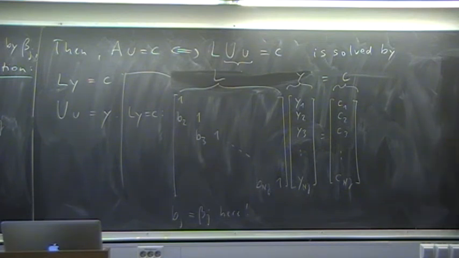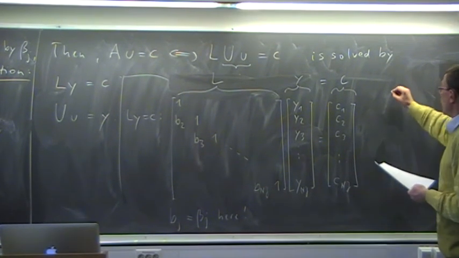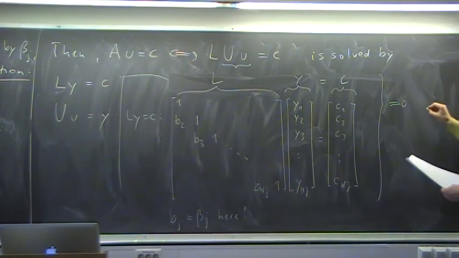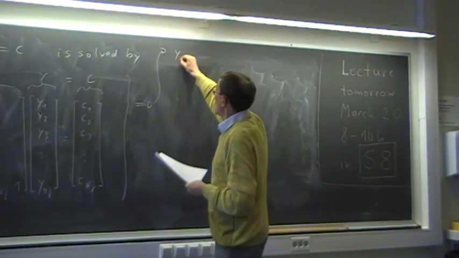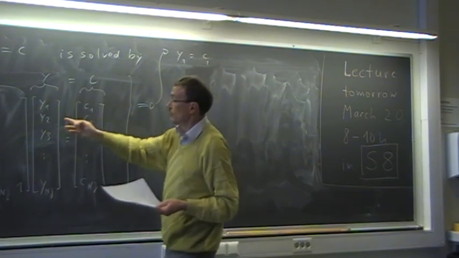Then you see how we proceed. We start in the first row. So from that we can immediately see that y1 is equal to c1.